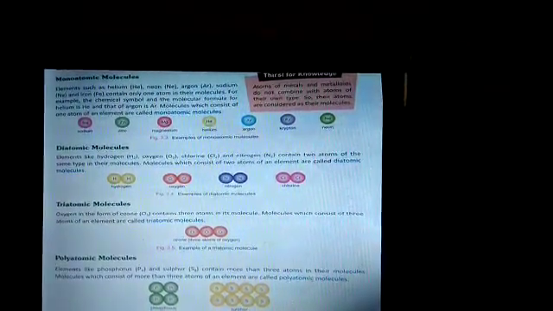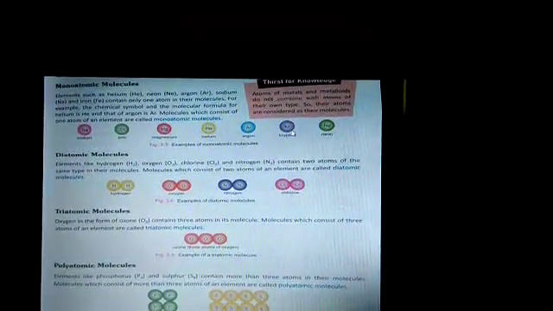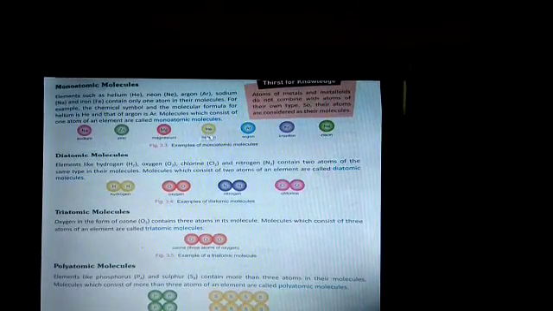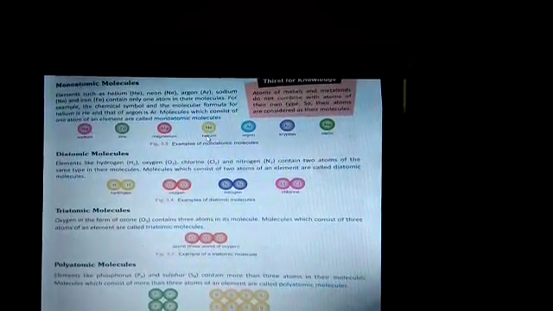You can see here some pictures are provided. First one, monoatomic molecules. The examples you can see: sodium atom, zinc, magnesium, helium, argon, krypton and neon. These are examples of monoatomic molecules, and all of these consist of only one atom.